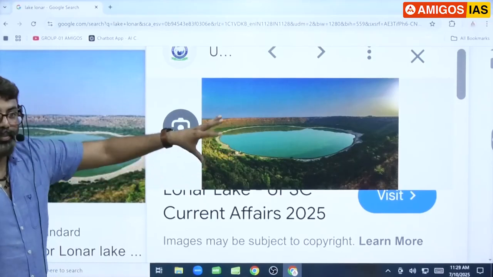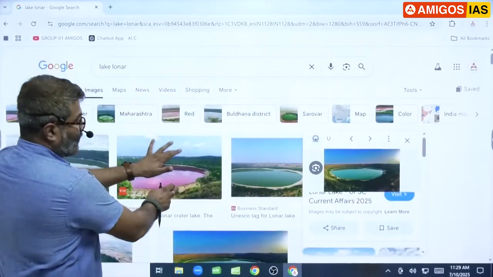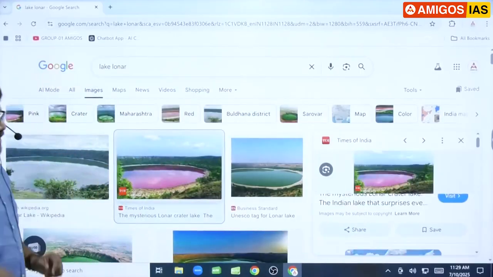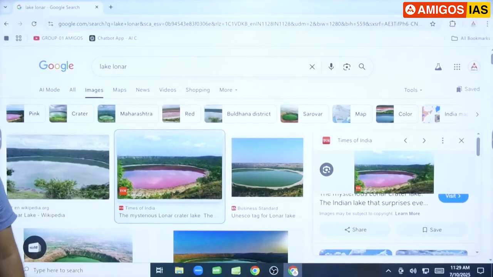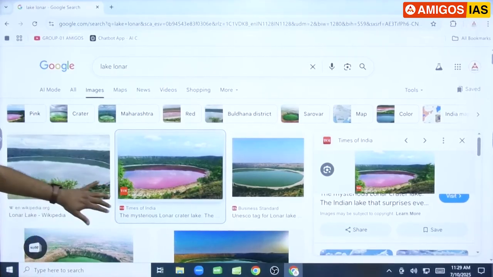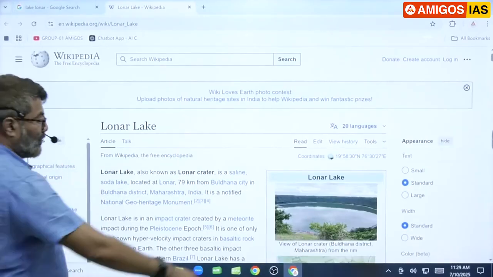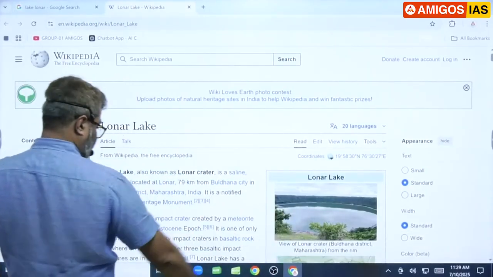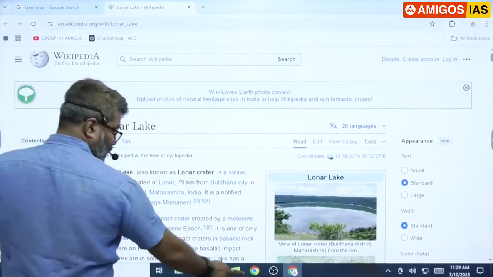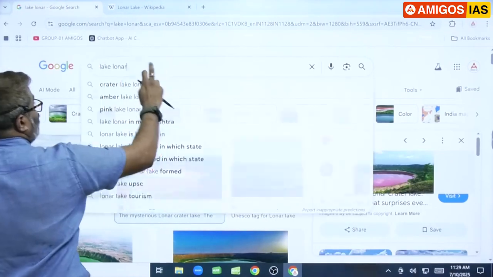Certain bacteria in it will turn the water pink like this. The bacterial growth in this water causes the lake to turn into different colors. Lake Lonar. Please remember, it's an impact crater. So now all of you know how it looks.